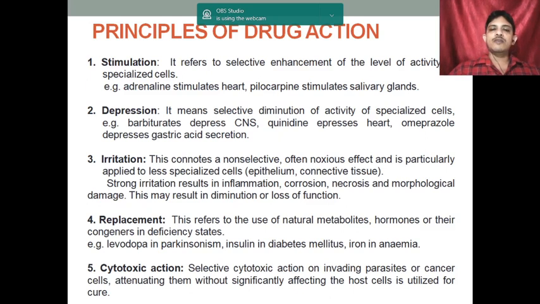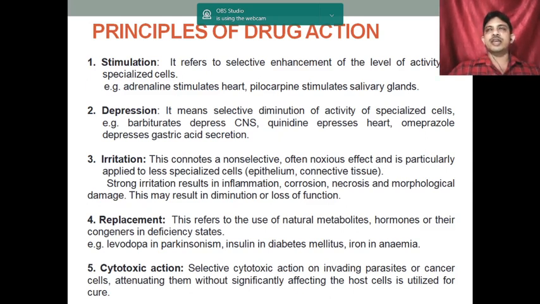In diabetes mellitus, one approach is to give insulin, which we use as a drug. Similarly, hematinics like iron and others we give as drugs in anemia. So these are replacement.